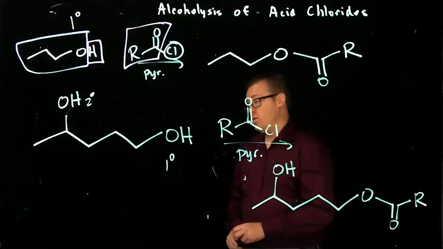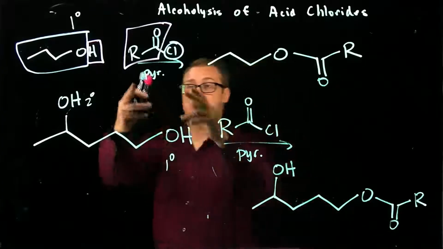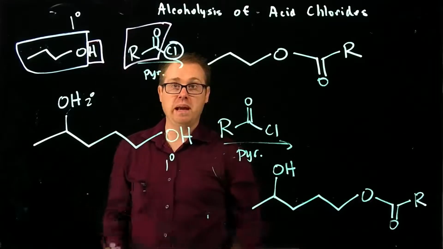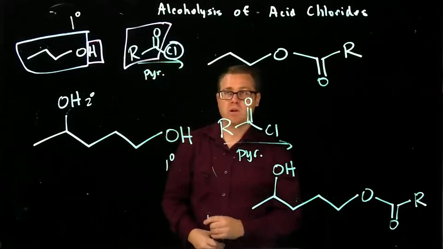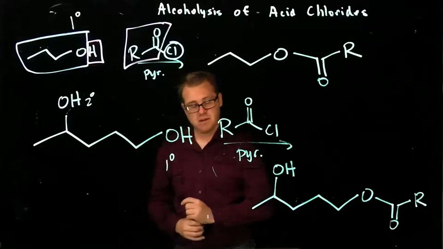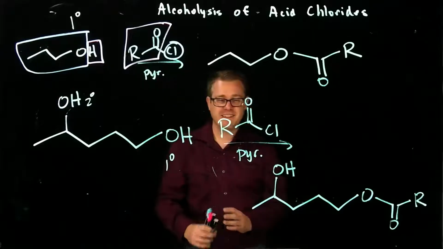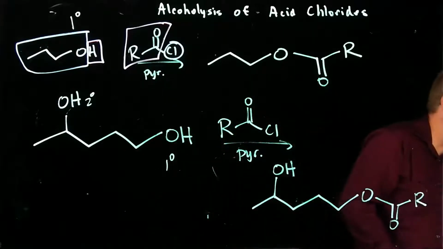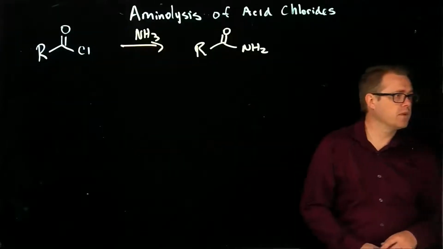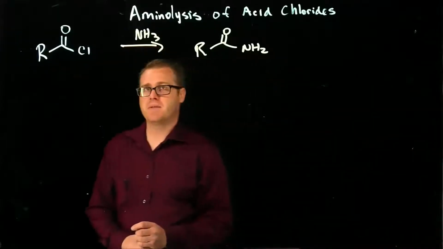Now what we can do is treat acid chlorides with amines. And that's called aminolysis. So we're going to look at that reaction next. So we have aminolysis of acid chlorides.